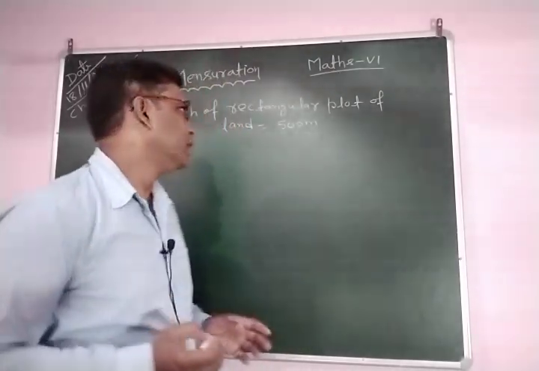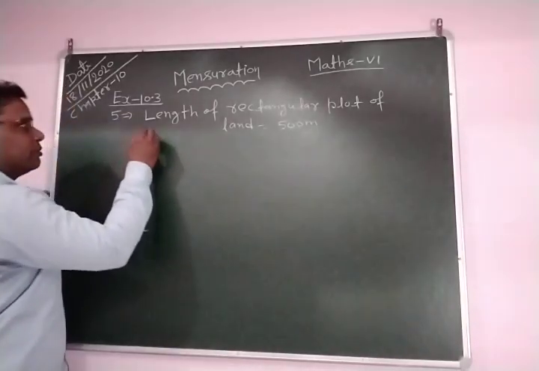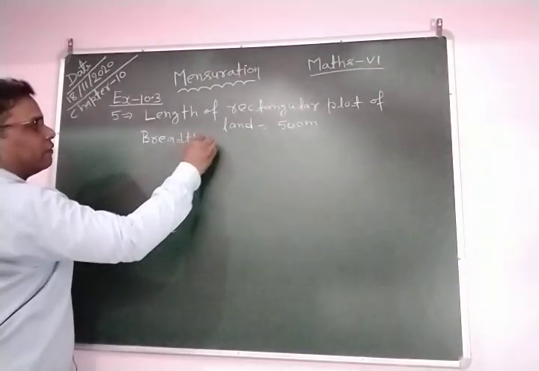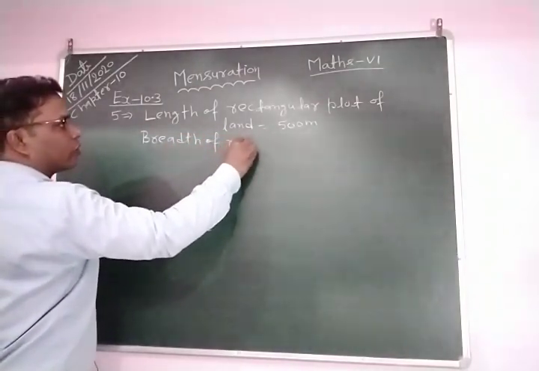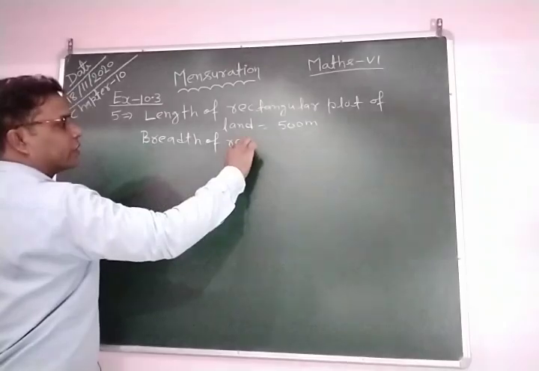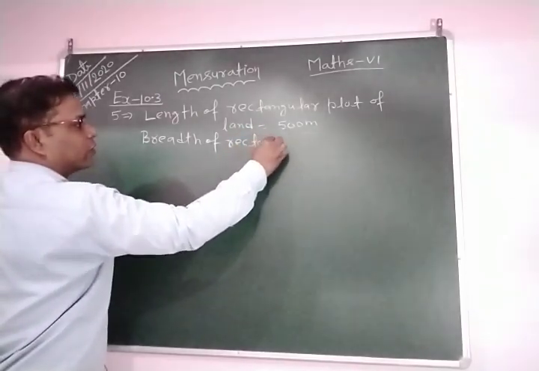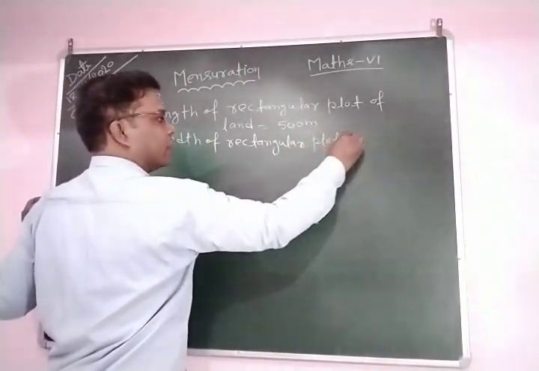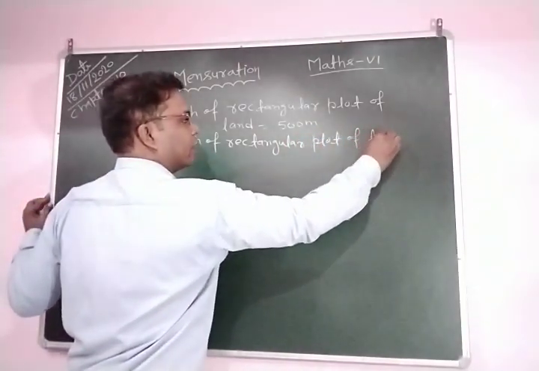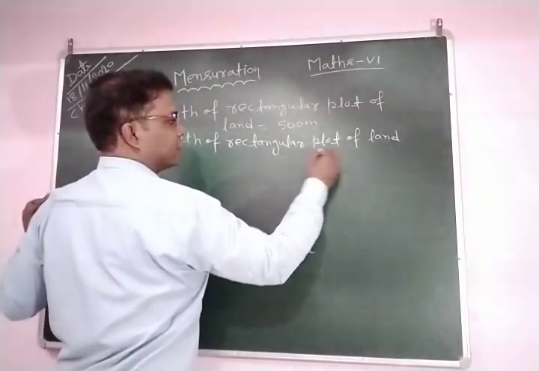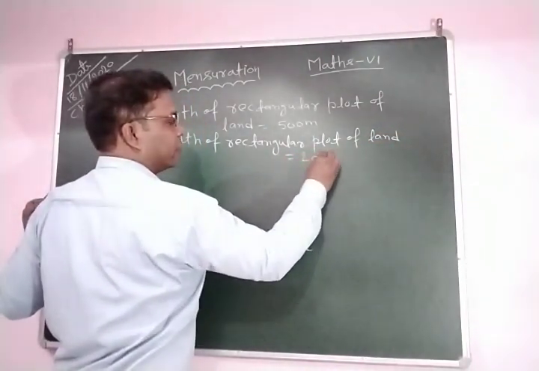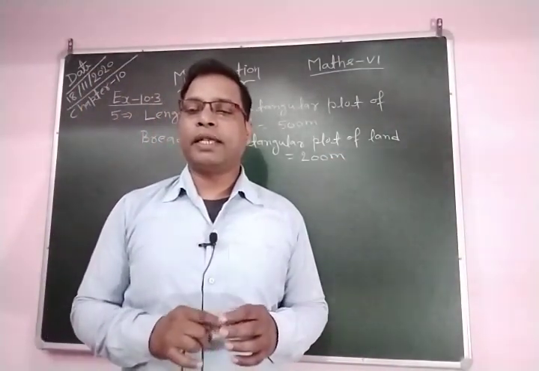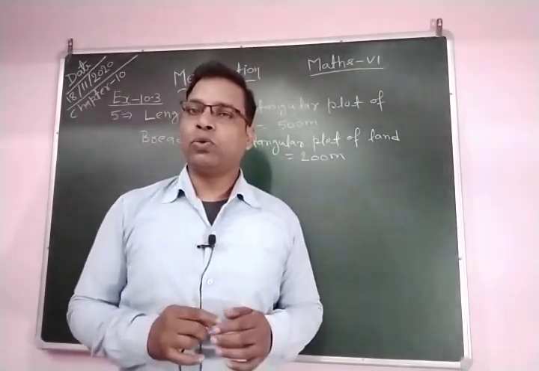Again, the breadth of the rectangular plot of land is also given. The breadth of the rectangular plot of land is 200 meters.